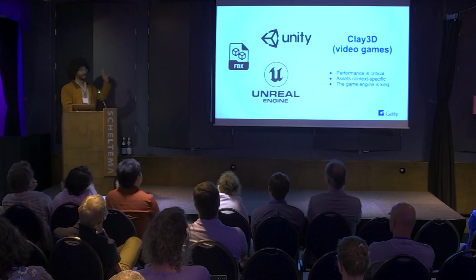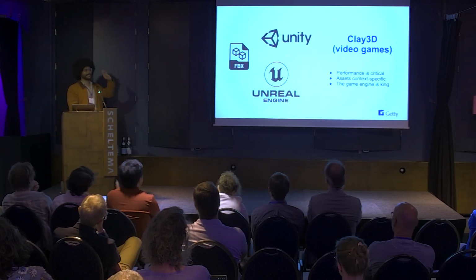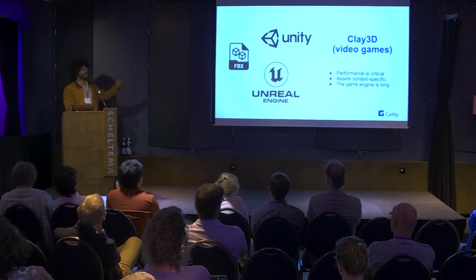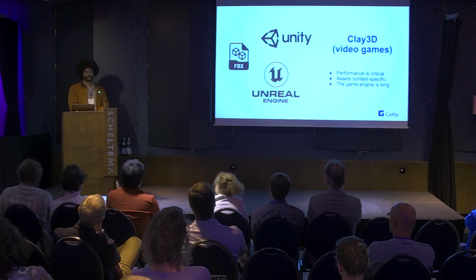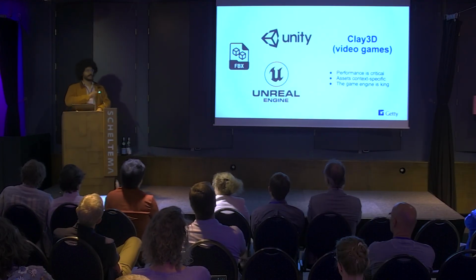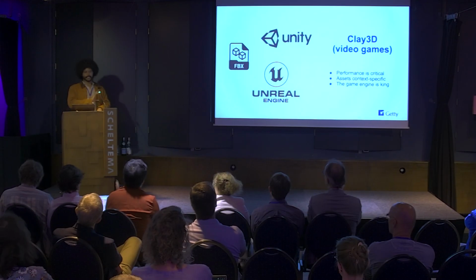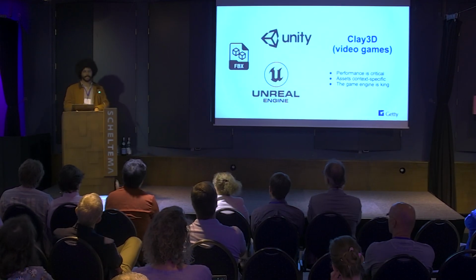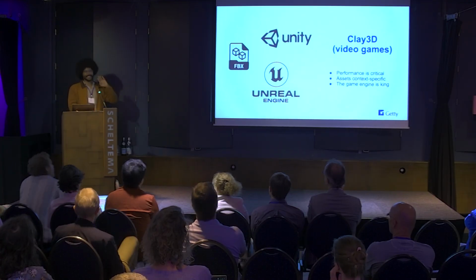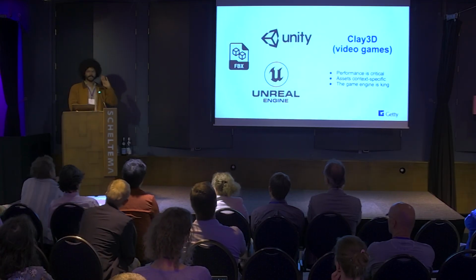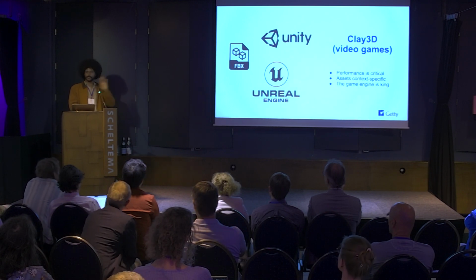I included here three logos that I think represent some different approaches. Unity and Unreal are two game engines which are widely used. They're easily accessible, and I think they've marked a good moment of more interoperable assets inside of video games. FBX, I think, represents the other side of the spectrum, as it's a proprietary tool made by Autodesk that they don't share the specifications for.